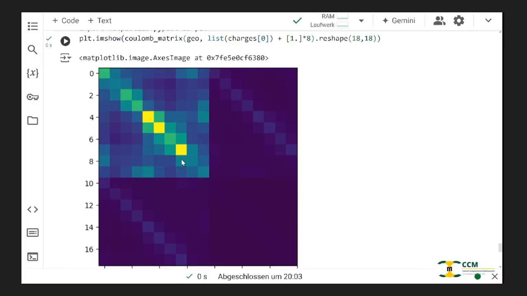Before that we had all the diagonals of the same brightness. Why? Anybody know why? Because they're different elements. Yeah. And the nuclear charges, they are on the diagonal, right?